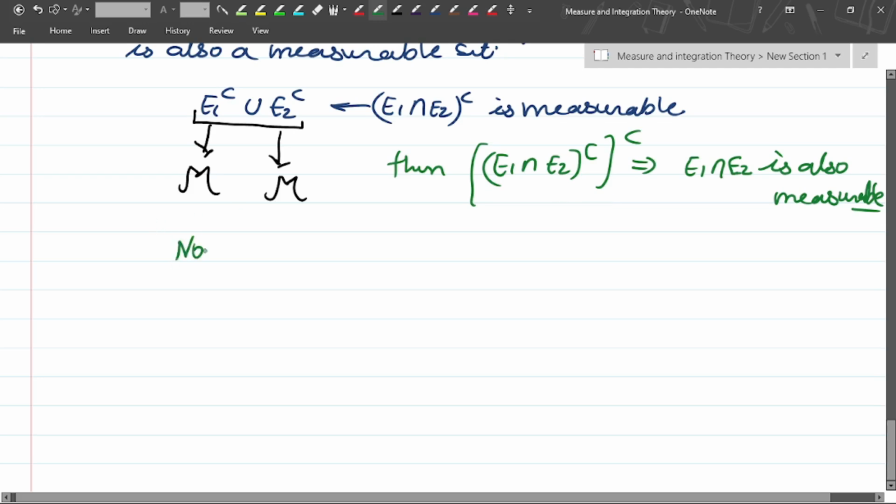Now our aim is to prove the difference: E1 minus E2 is nothing but E1 intersection E2 complement.